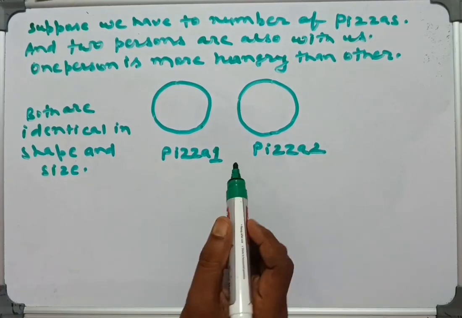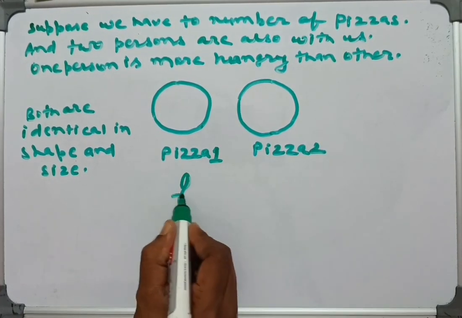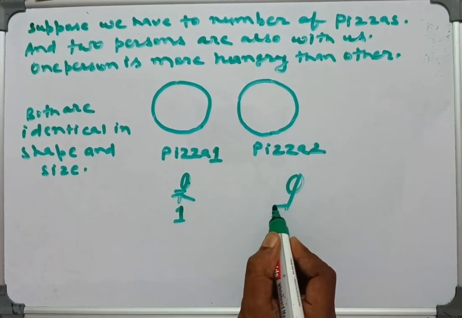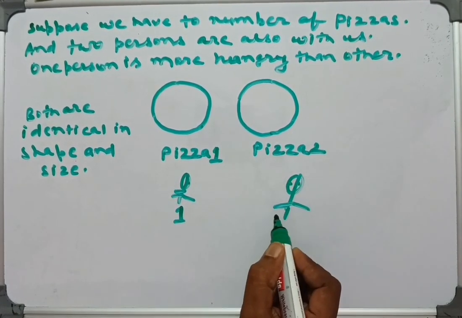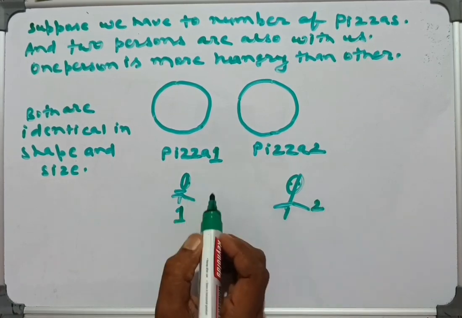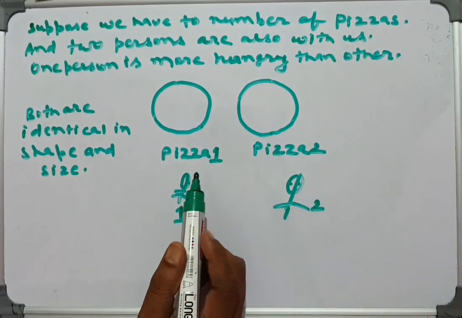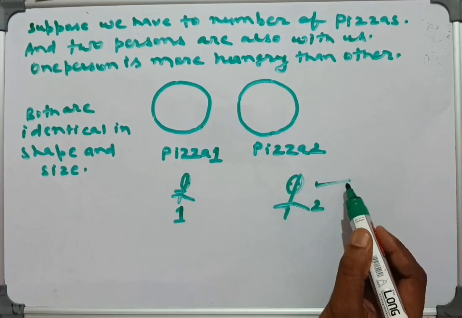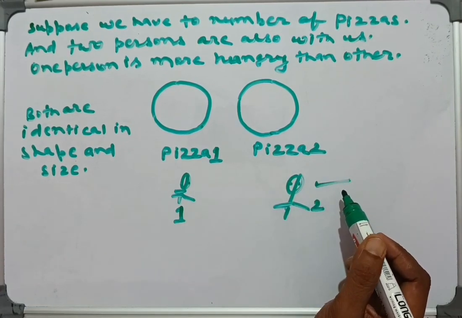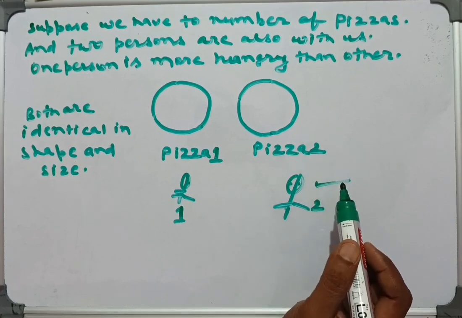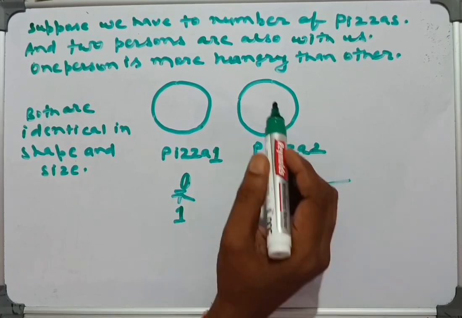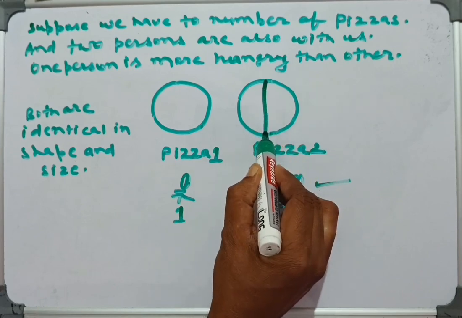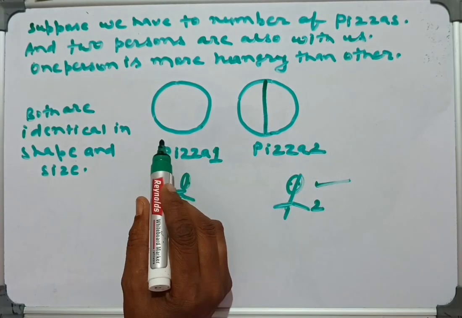Now suppose this is person 1, this one is person 2 here, okay guys. Now person 2 is more kind and he has shared his half pizza to the first one.